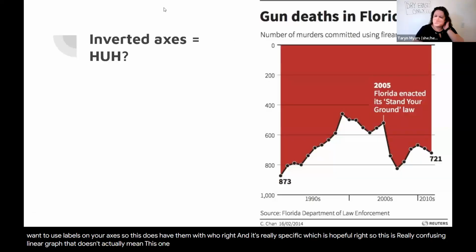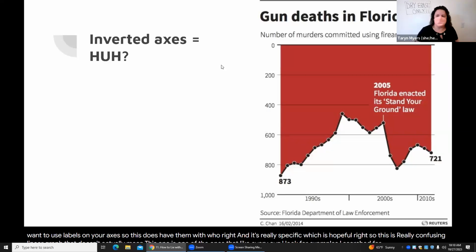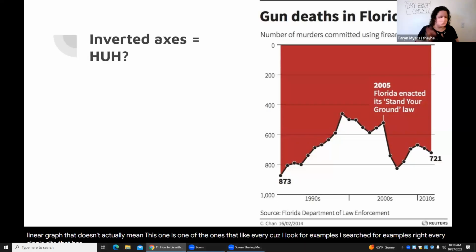This one is one of the ones that, because I search for examples, right? Every single site that has examples of bad graphs has this one on it. And it's because someone decided, let's invert it. So it's upside down, basically.